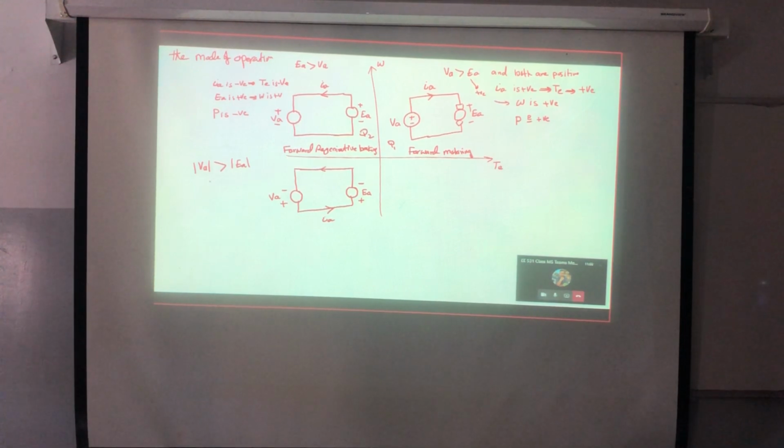So IA is negative sign, and because EA is negative sign, this means that also omega is negative sign. So the power is what? Negative by negative is positive. So it is positive sign. So the machine is acting as a motor or as a generator?